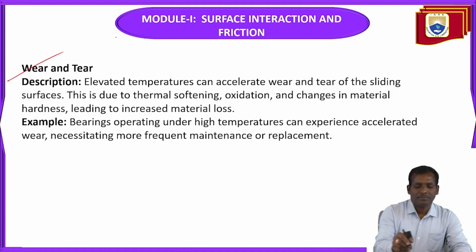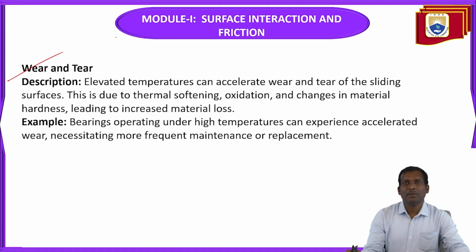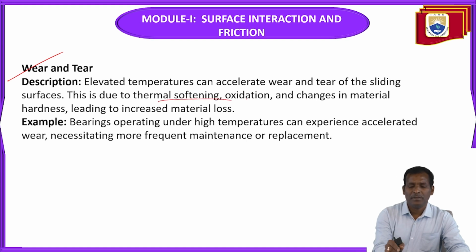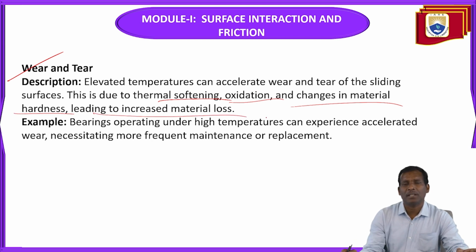Next, wear and tear. The elevated temperatures can accelerate wear and tear of the sliding surfaces. This is due to thermal softening, oxidation, and changes in material hardness, leading to increased material loss.